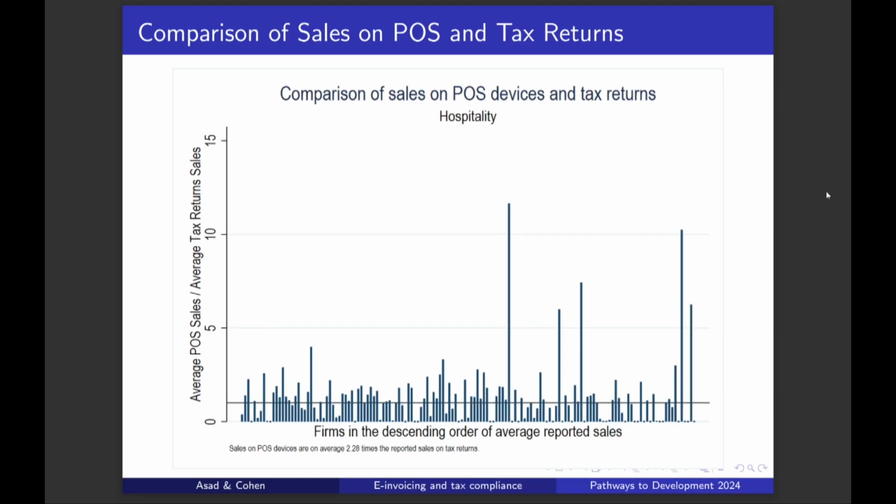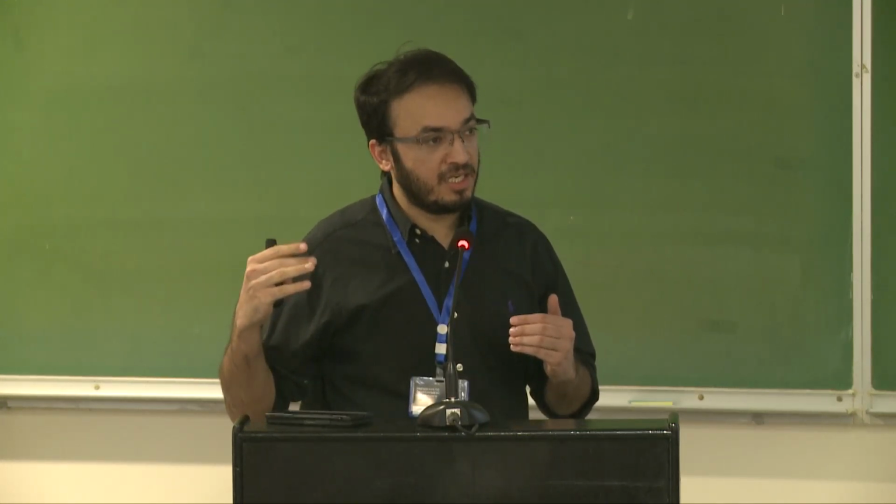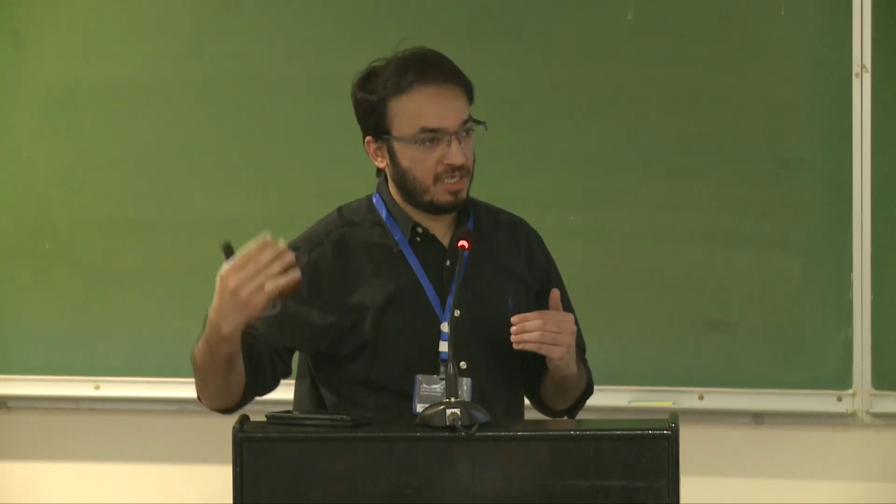But we did look at the sales that are reported on these devices versus what these businesses are reporting to KPRA, right? And it turns out, if you try to tally the two, what should happen is that the reported sales on the devices must always be less than the reported sales that the taxpayers are reporting themselves, right?